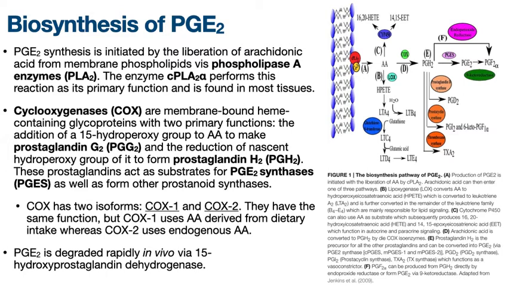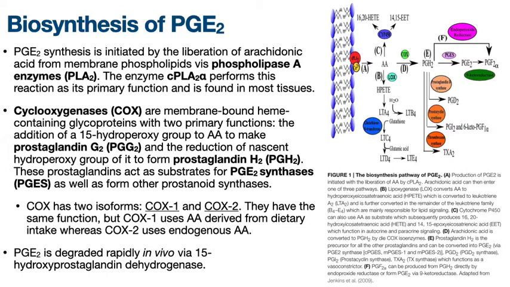Phospholipase releases arachidonic acid, cyclooxygenase makes prostaglandin G2 and H2, and then PGE2 synthase turns that G2 and H2 version of prostaglandin into the most stable PGE2. So it's a bit of a long process, but you see how they act one after the other, each one a downstream flow to make PGE2.